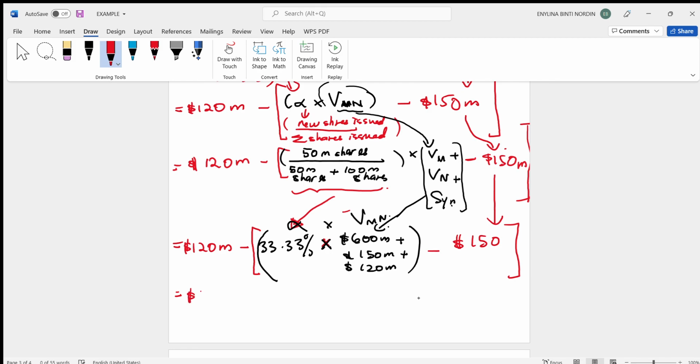Alright, so 120 million. Students are always careless when they are calculating this part. They always forget to minus this, because they focus too much on this, until they forget to include this value, the target company's current value. Now, what is this value?